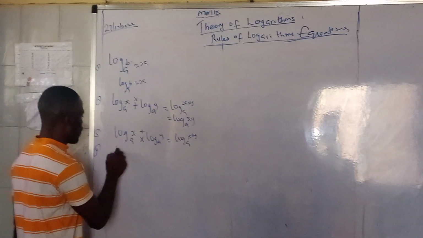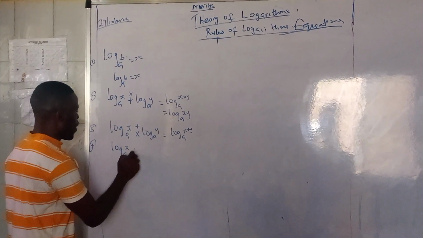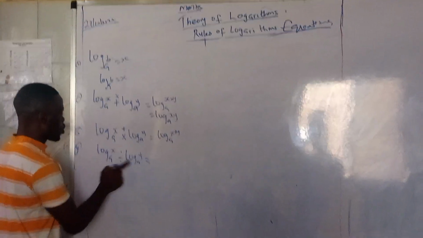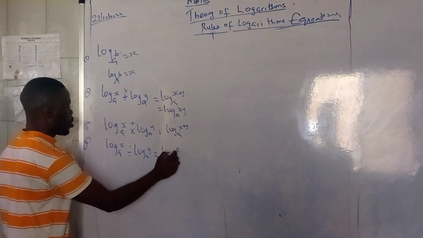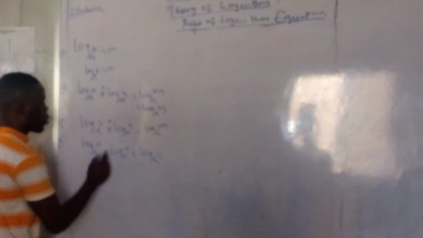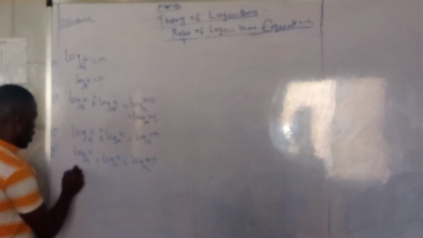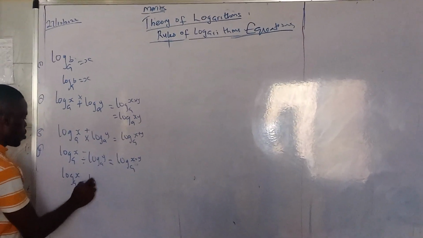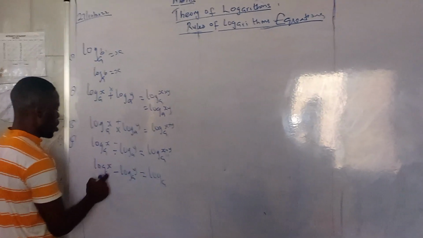For when you are given log a to the power of x divided by log a to the power of y, we have the same log, so this will give you log a of x divided by y. Sorry, the divide will change to minus, so this will give you x minus y. So if you are given log a to the power of x minus log a to the power of y, this will give you log a.